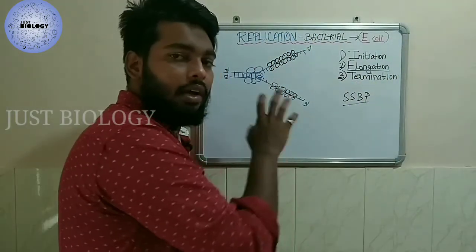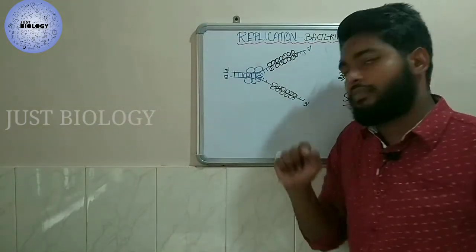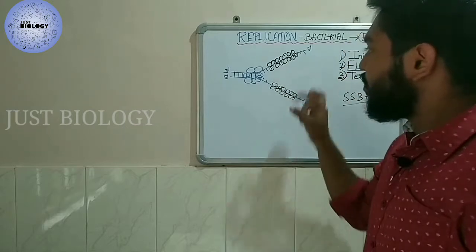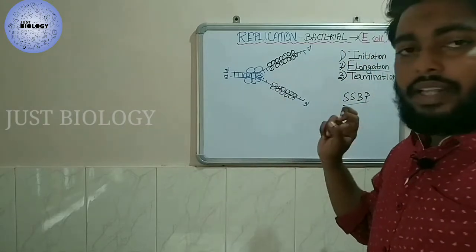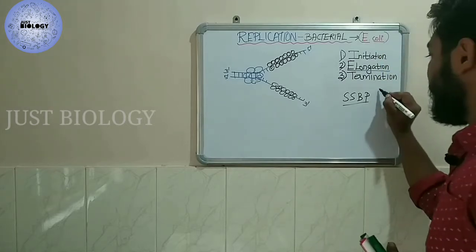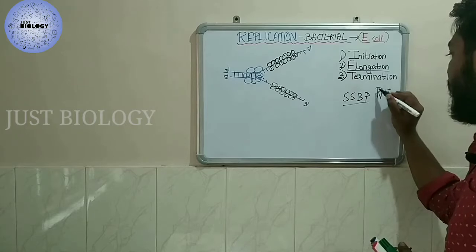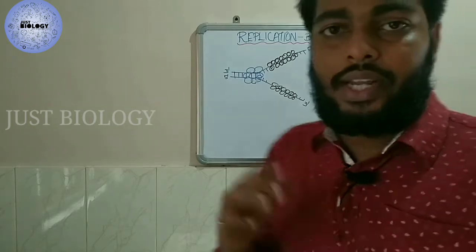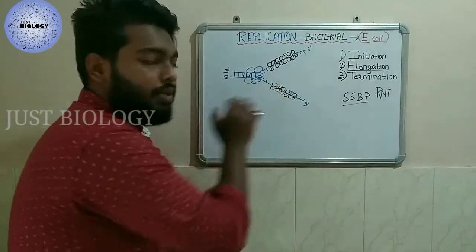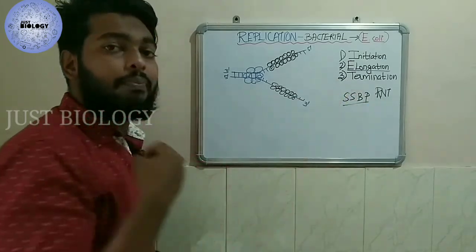If you take any biological process, they need a starting material, some precursor molecule. But in the case of prokaryotic DNA replication, they need an RNA nucleotide, a ribonucleotide, for starting the process. We can call this RNA nucleotide a primer.